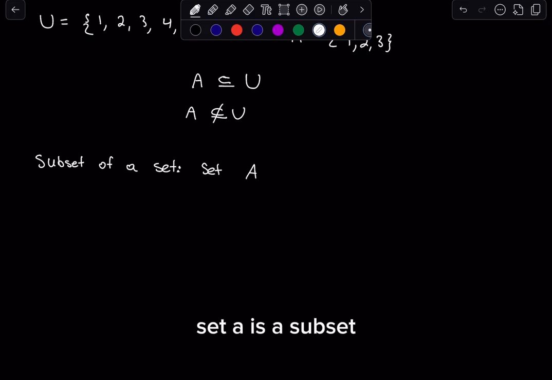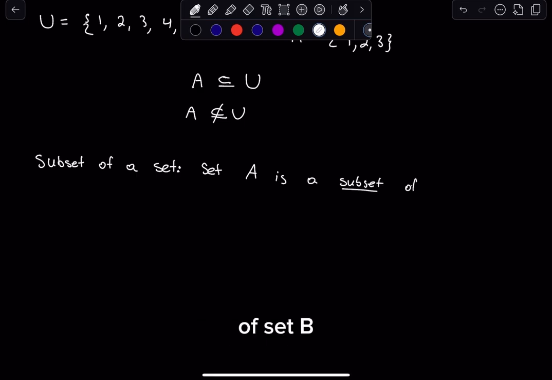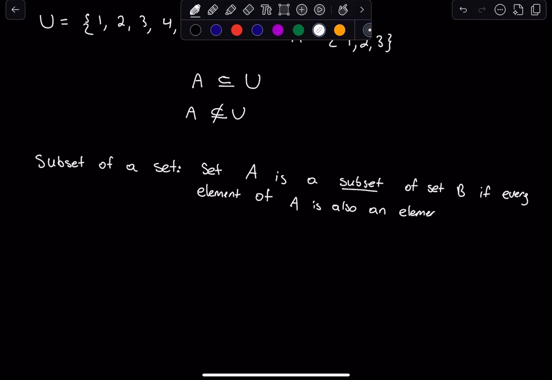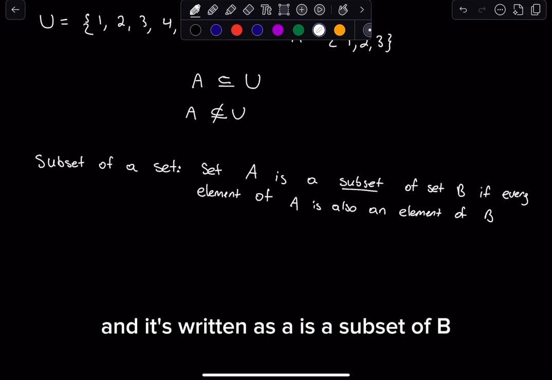Set A is a subset of set B if every element of A is also an element of B, and it's written as A is a subset of B.